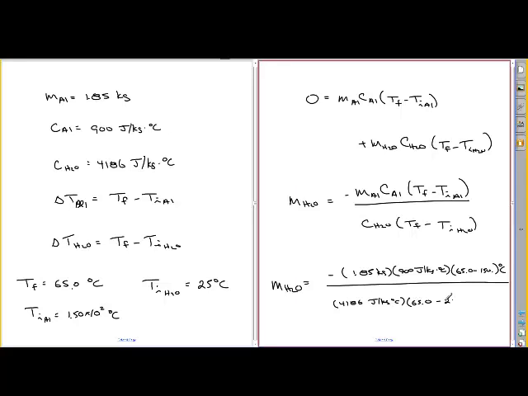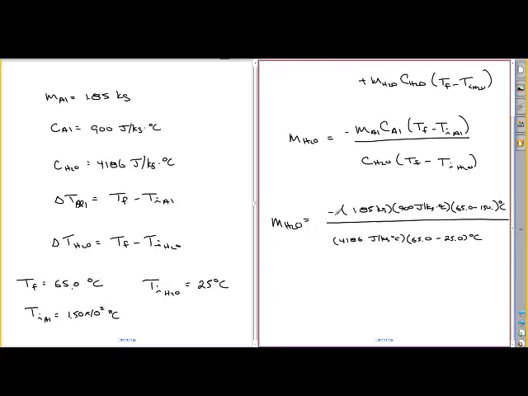T final is 65. T initial is 25 degrees C. So this is going to be negative, which we'll cancel out with the negative there.